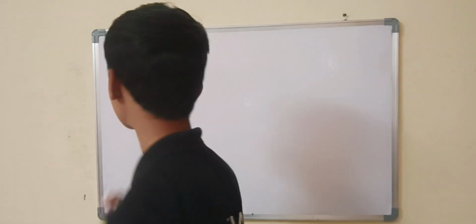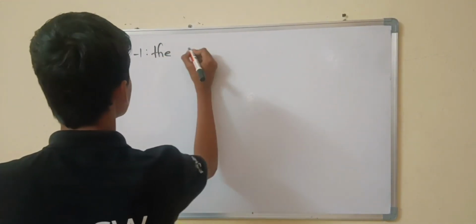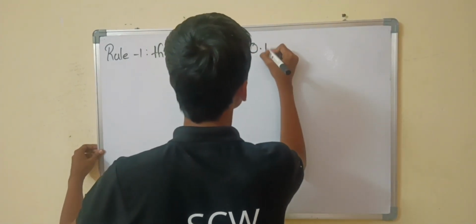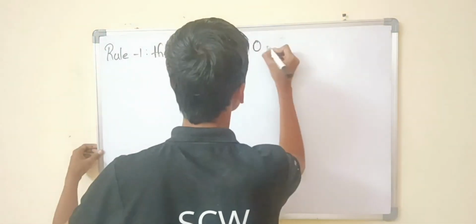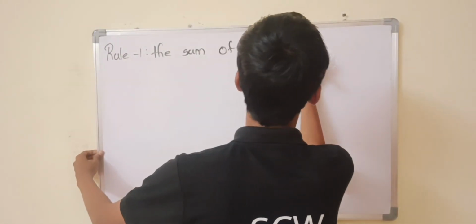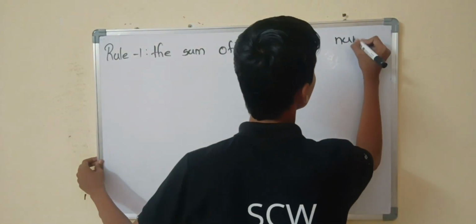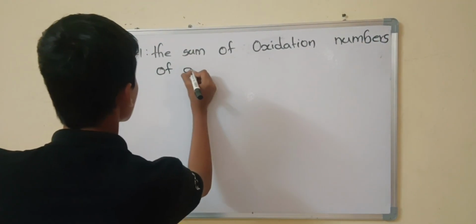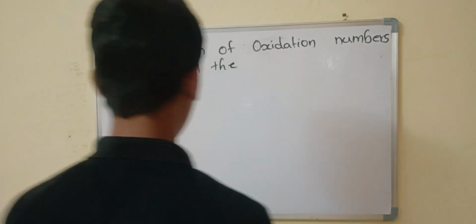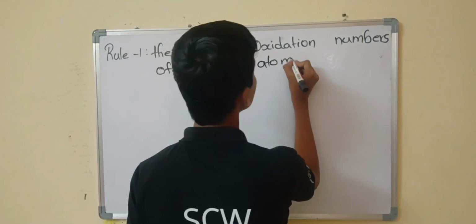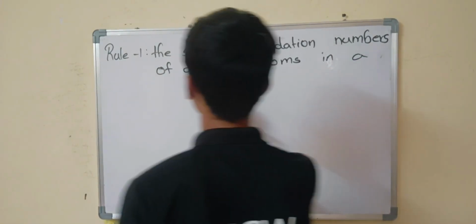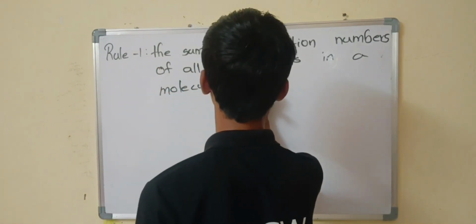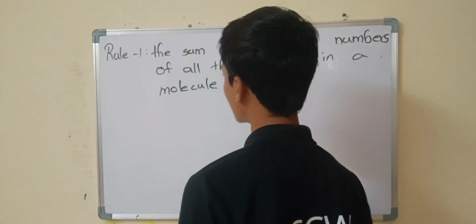What is rule 1? The sum of oxidation numbers of all the atoms in a molecule is 0.